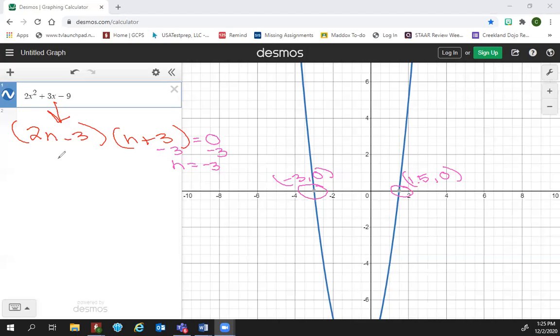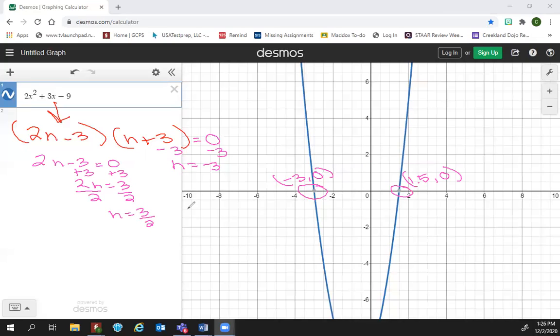So obviously I'm going to take the other one, set it equal to 0. I would do the same thing and solve it. When I solve it, I'm left with 2n equals 3. How do I solve that? How do I get n by itself? Yep. And I'm left with n equals 3 over 2.